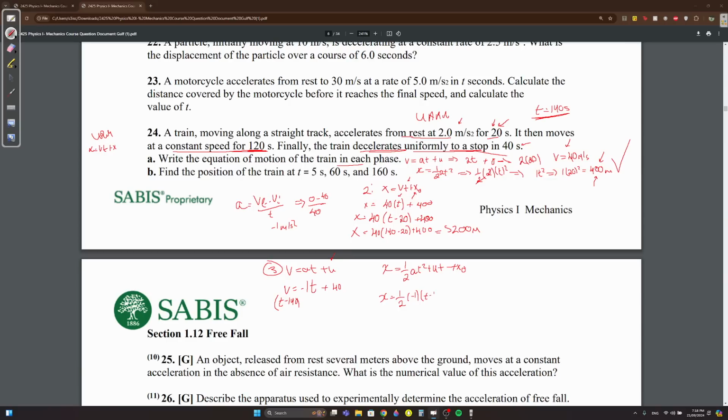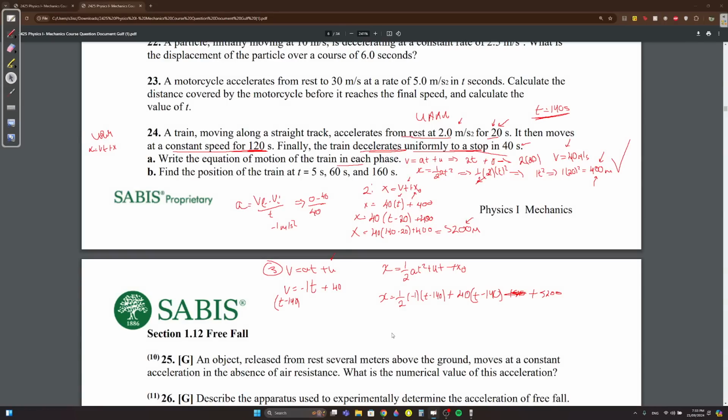So t minus 140 squared, plus ut, our initial velocity was 40, times t minus 140 too. x naught in this case is going to be 5,200, like I wrote here, right? We found it in phase 2.